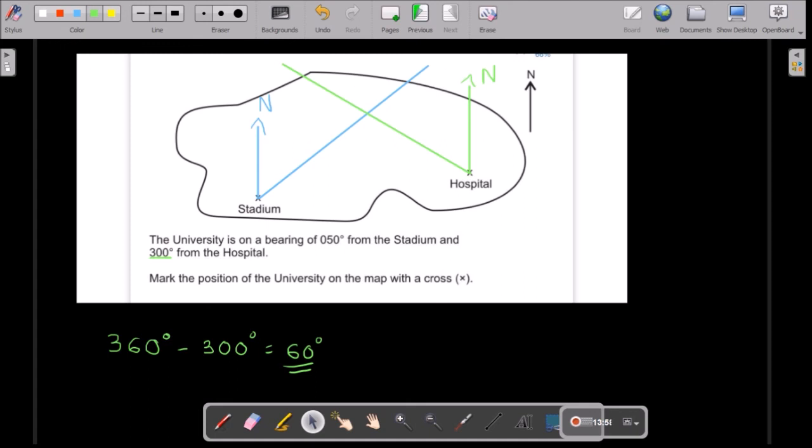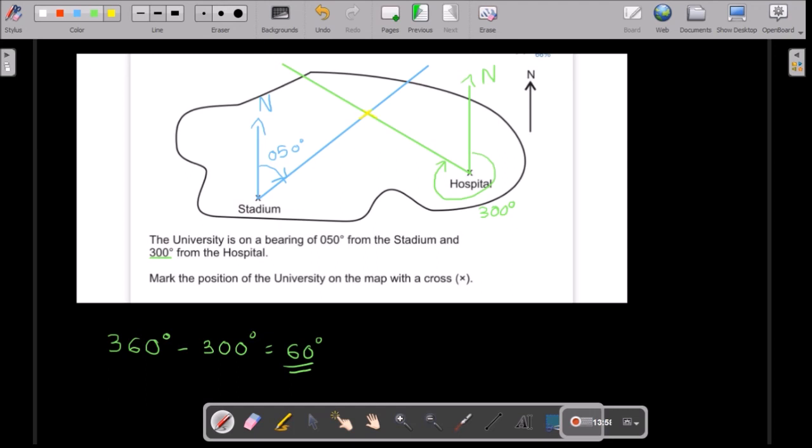Okay, now I don't need my protractor anymore. Thank you very much, protractor. I didn't label my diagram with the bearings, so this bearing here is 050, 50 degrees clockwise from the north, so I went this way. And the second bearing was 300 degrees clockwise from the north, so this way is 300 degrees.